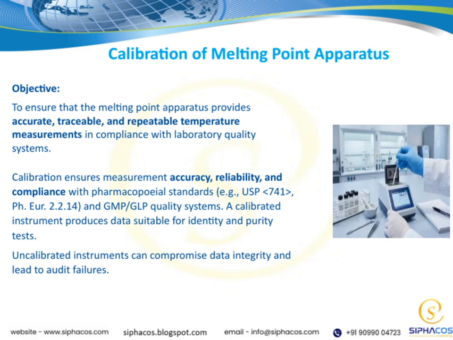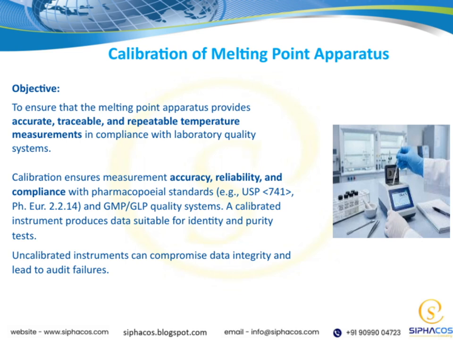When our melting point apparatus is calibrated, the data we gather for tests like identity and purity are trustworthy. On the flip side, if the instrument isn't calibrated, it can compromise the integrity of our data. This can lead to issues during audits and might even cause us to question the validity of our test results. So, calibration isn't just a routine task.